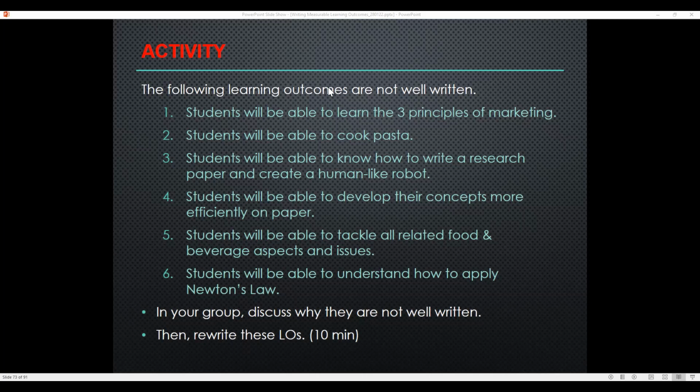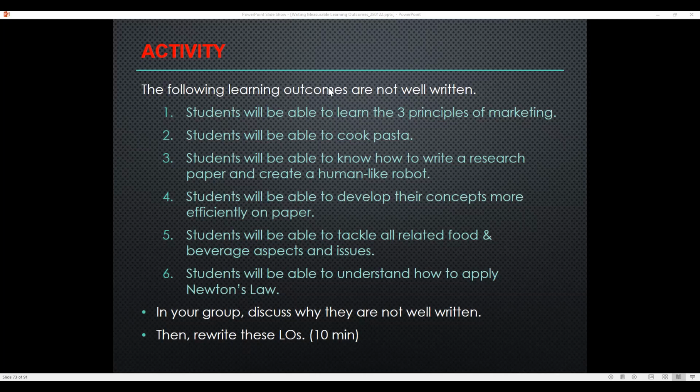Student will be able to. So maybe we change it to write a research paper to create a human-like robot. Student is able to write a research paper. Yeah. So we start with write a research paper. To write a research paper about human-like robot.